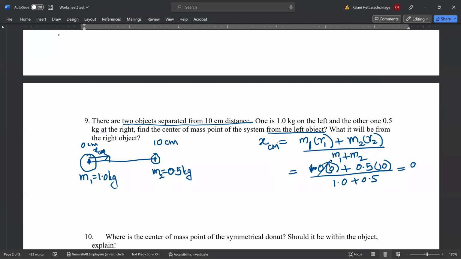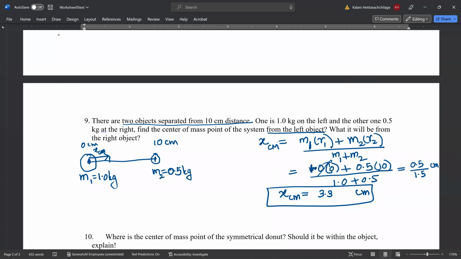Because of that, you have 5 divided by 1.5, units centimeters. That means X center of mass from the left object, as the first question is asking, will be 5 divided by 1.5, which is 3.3. I'm going to keep 3.3 centimeters.